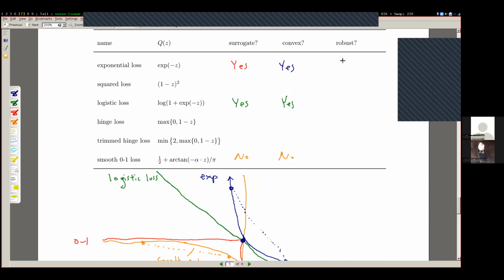So we'll finish up talking about robustness after fall break. And we'll also talk about why convexity is good for optimization after fall break. But at this point, it should be moderately obvious that surrogacy is good for statistical properties.